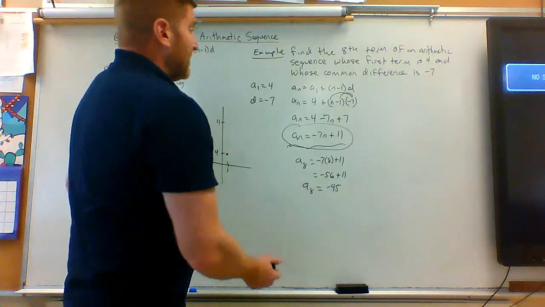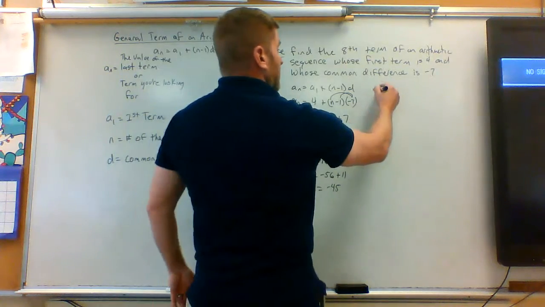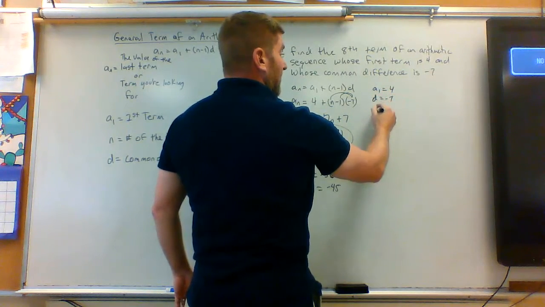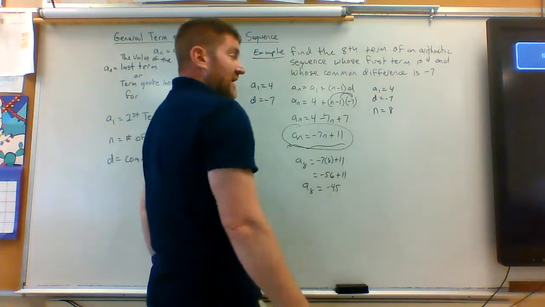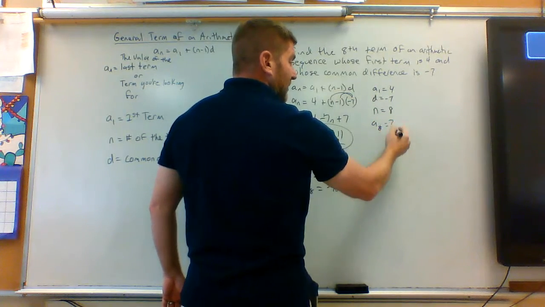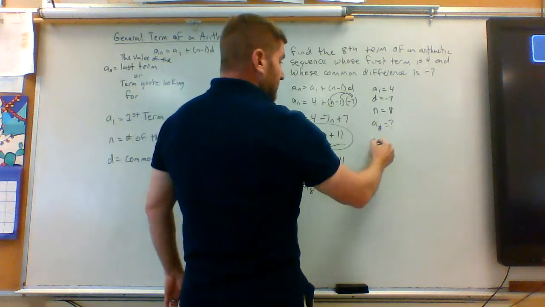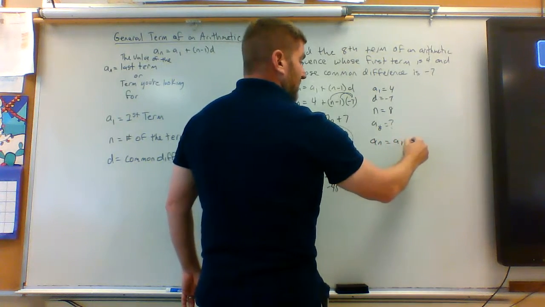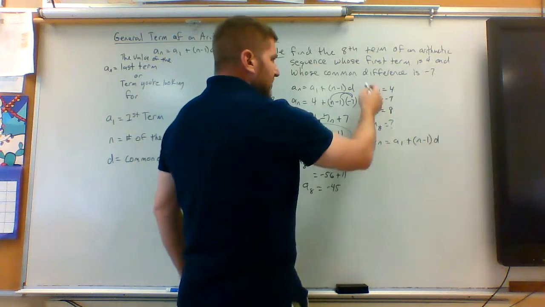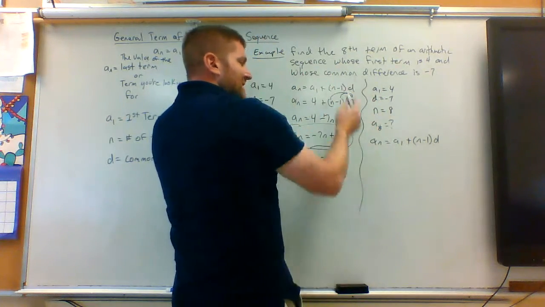But in this case, I already know that A1 is 4, D is -7, and I'm looking for what it is when n is 8. What is the value of A sub 8? That's what I'm looking for. So if I wrote this formula out, A1 plus n minus 1 times D, we could do this a little separately in just this case.